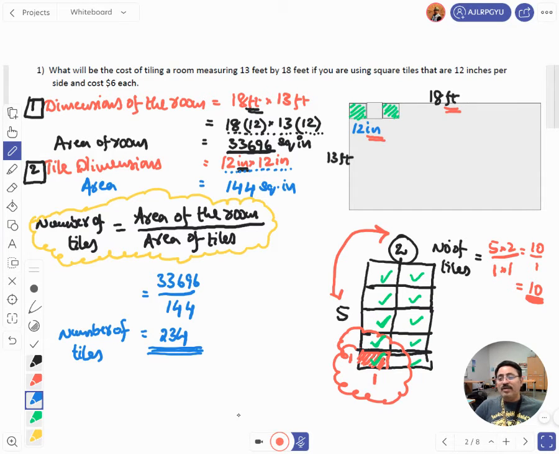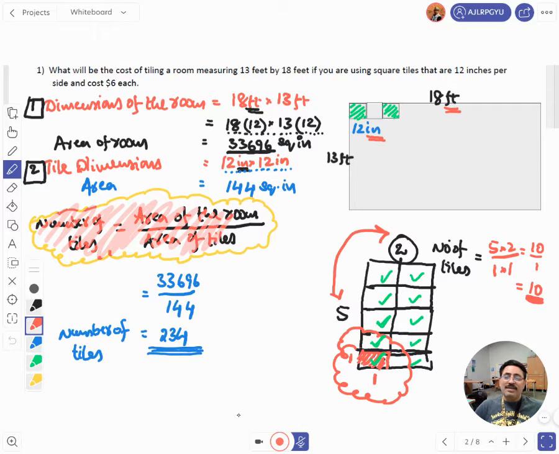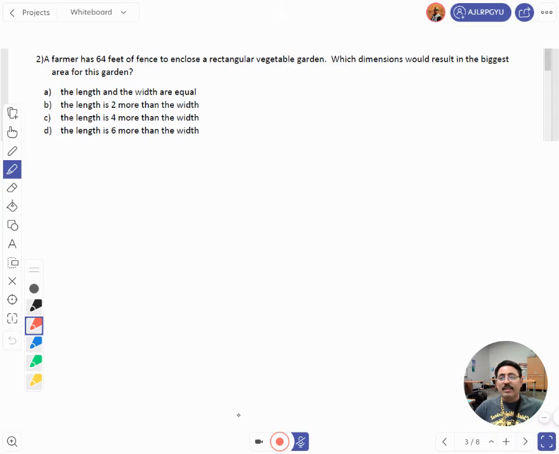Again, it's a gentle reminder that I want you to remember this condition. That is, the number of tiles required is area of the room divided by area of tiles. Now let me go to the next question. Actually, this question is slightly different.